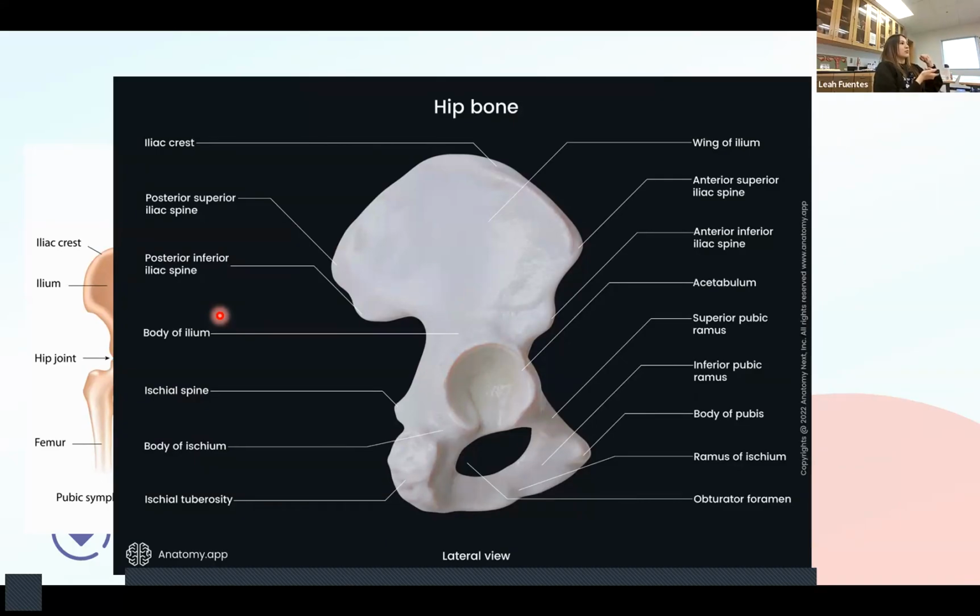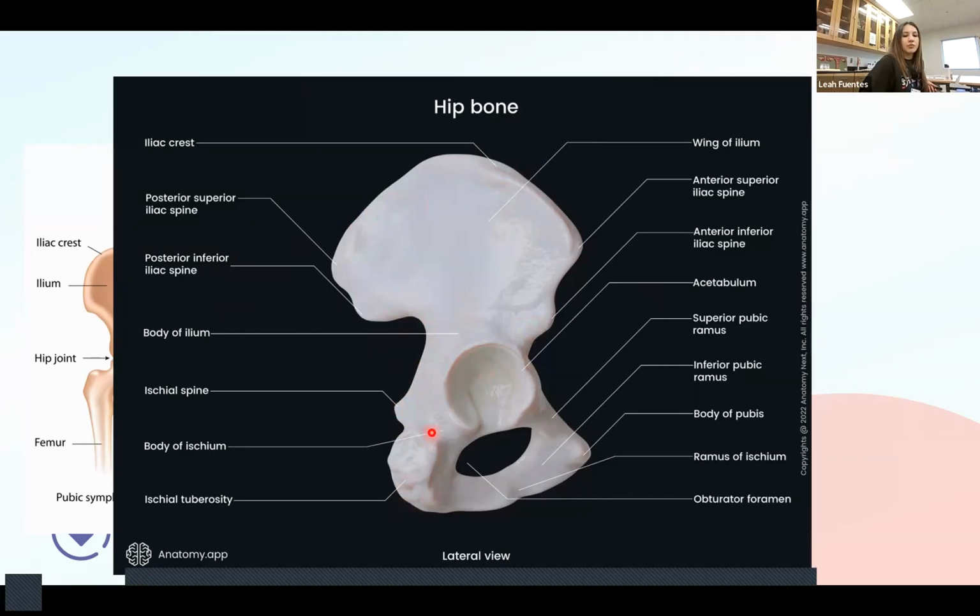Okay, don't be scared if you just see this on the exam. It's just your pelvis broken up. You will need to know some of this anatomy. So the iliac crest, your ilium. The big thing here, it's not even labeled, is this greater sciatic notch. This can actually tell you if a pelvis belonged to a male or female.